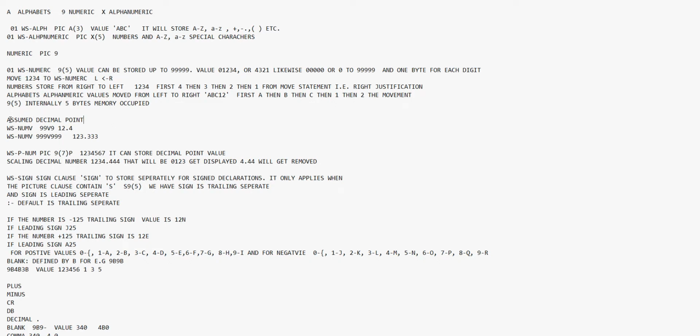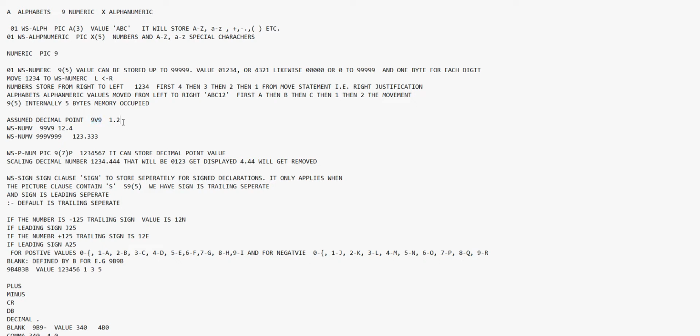There is the assumed decimal point. What is the assumed decimal point? If you declare 9V9, the value it can store is 1.2. This is to store a decimal value.